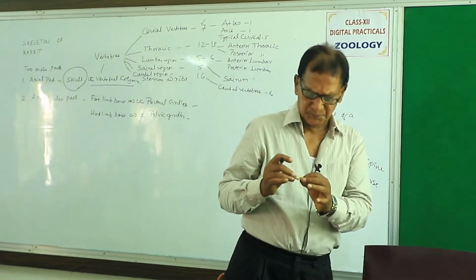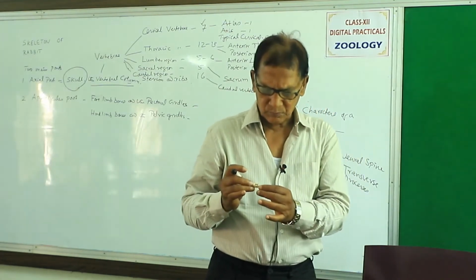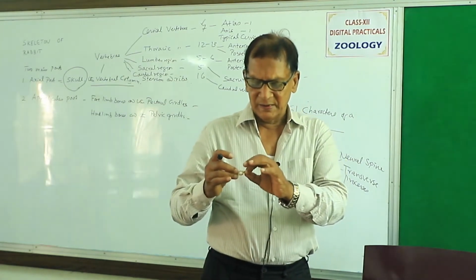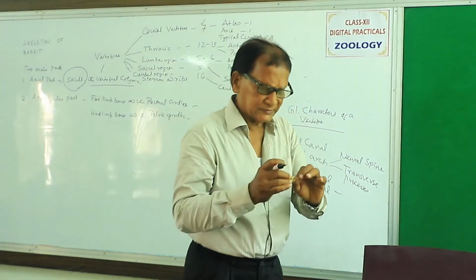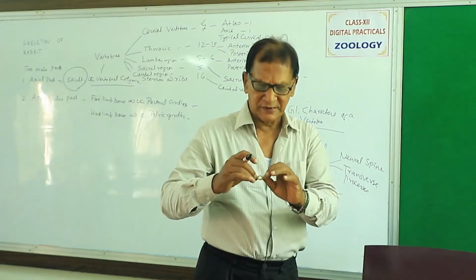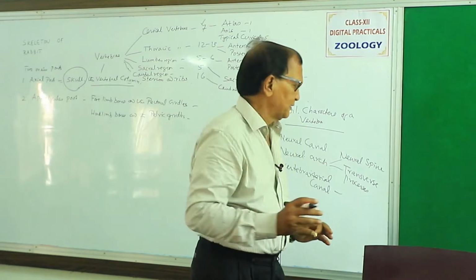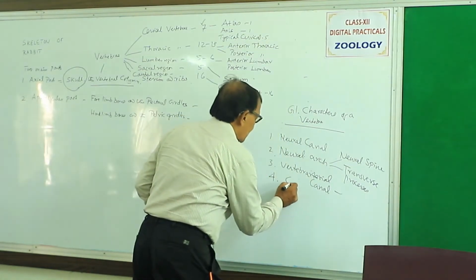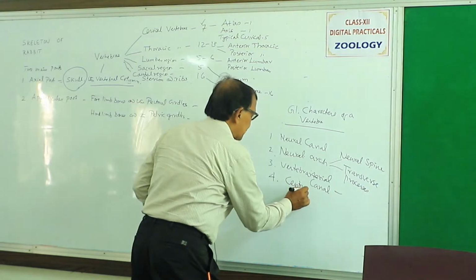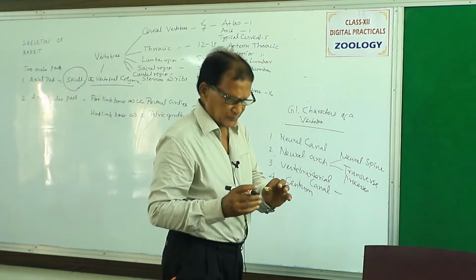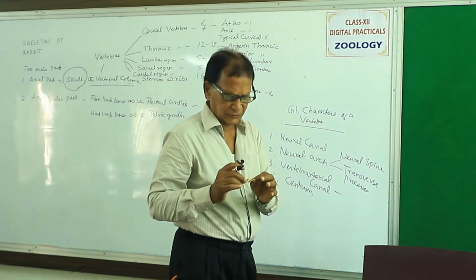Then there is the base of the vertebra, which is not prominent here. The base of the vertebra is called the centrum. Of course, here the centrum is greatly reduced. I will tell the purpose why it is greatly reduced.